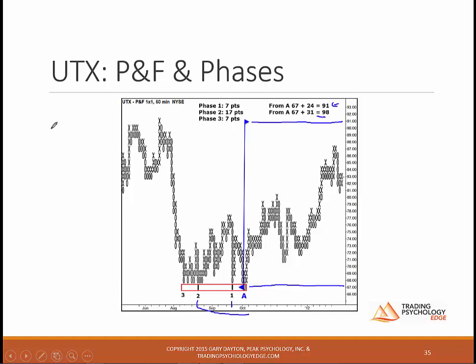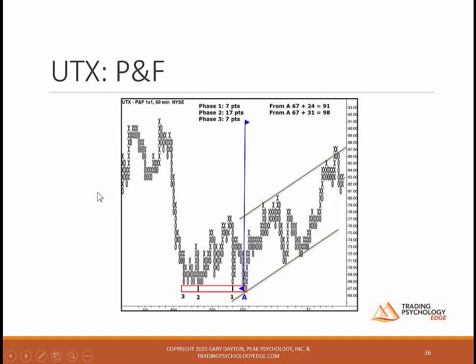So let's see what happens then. We're looking for somewhere between 91 and 98 as our target area. Okay. Well, what do we see here? Yeah, we're overbought.